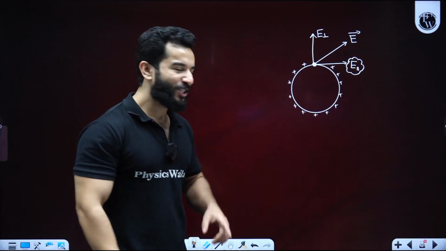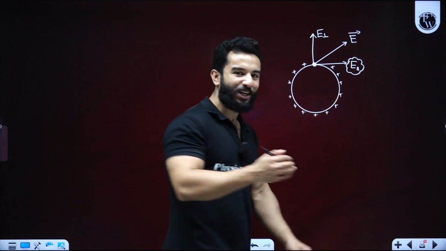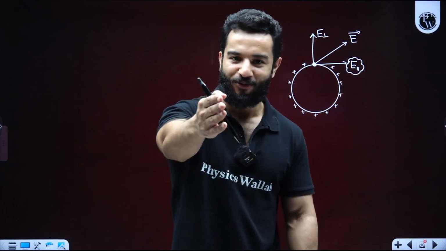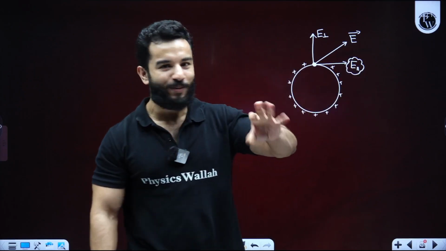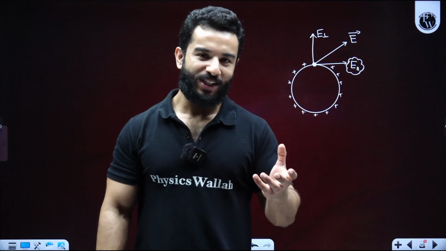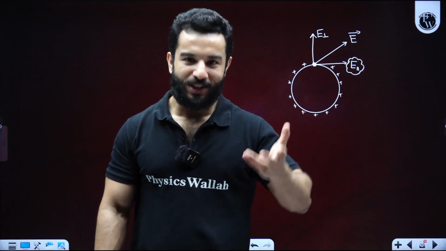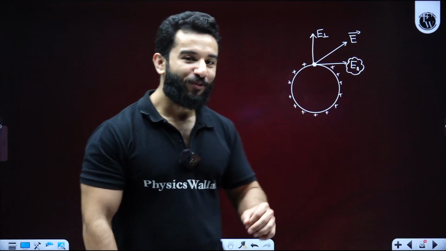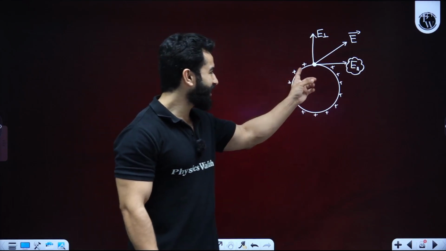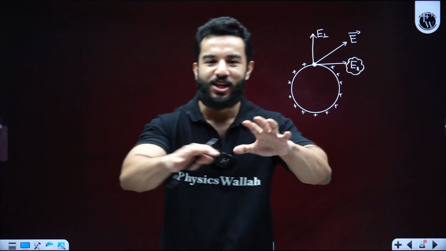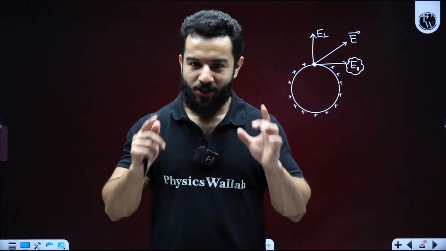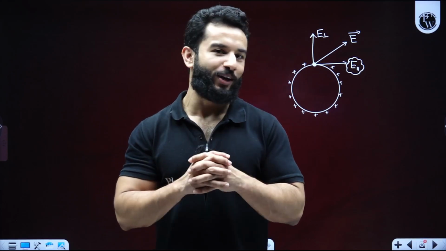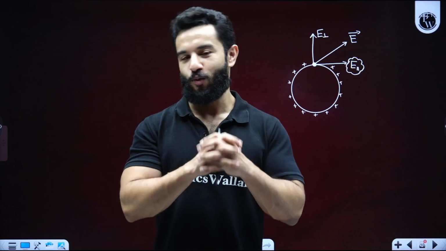And now if you have got charges and there is an electric field along the surface, this means that because of this electric field there will be some force, because electric field is nothing but force divided by charge. So the charges will start to move, which will disobey the basic principle of electrostatics, that charges are always at rest.